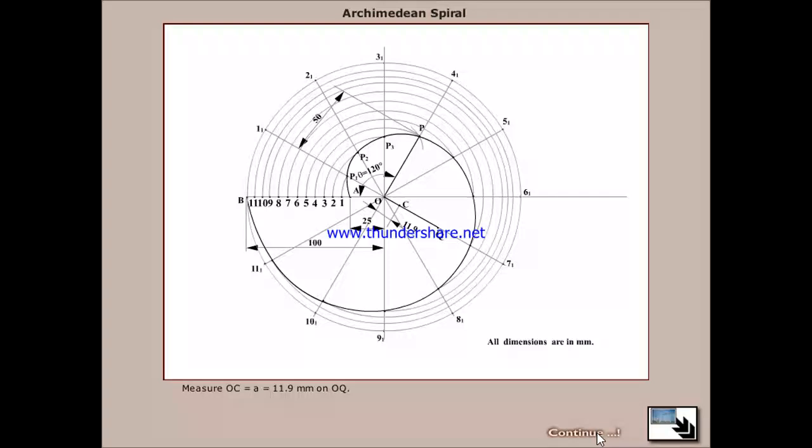Measure OC equal to A, which is 11.9 mm, on OQ. Now connect PC, and this is the normal. Draw the tangent through P perpendicular to the normal PC.